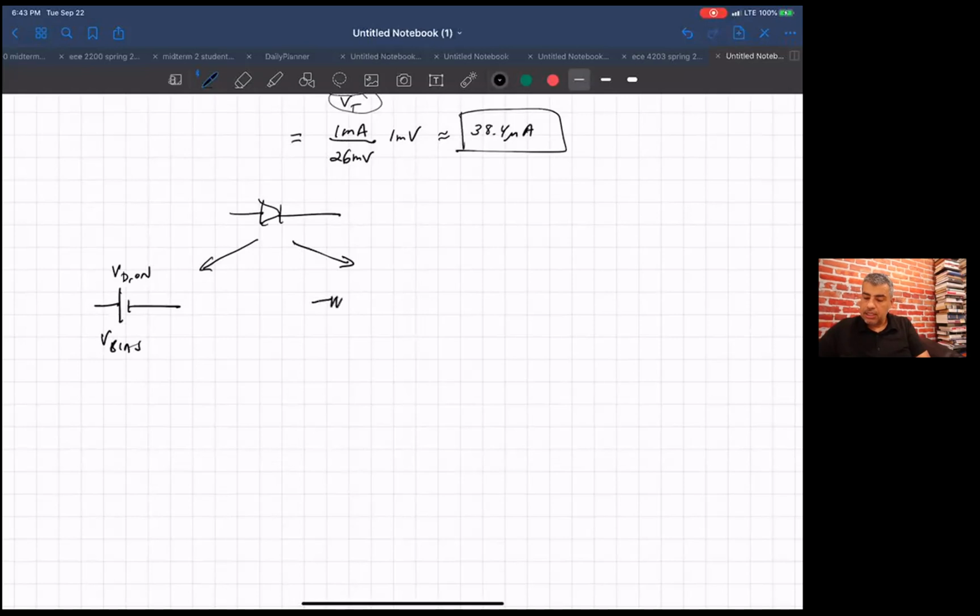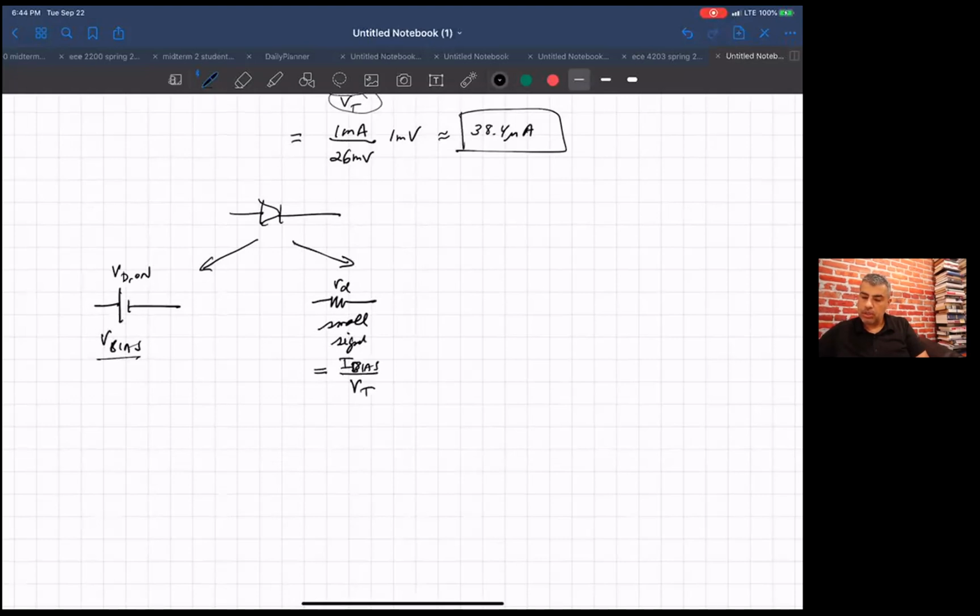And a small signal resistance, R sub D. Okay, and this is equal to the bias current, I bias, divided by V sub T.